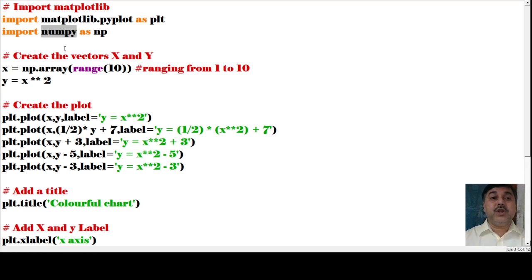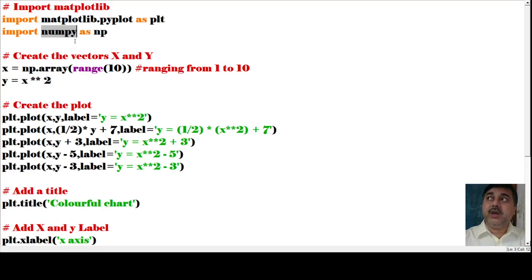Based on these two files and sub files, we are going to make the structures in this manner. Then what you see here is x equals np.array.